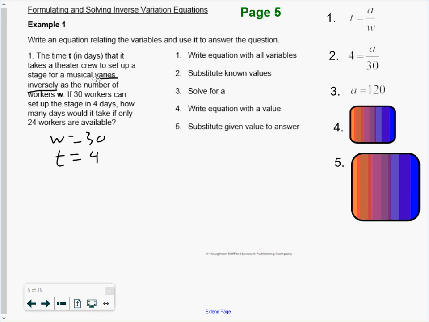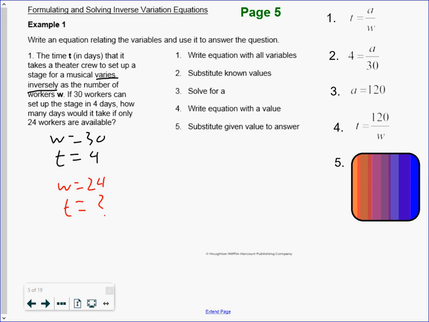So now it's asking me, if w is 24, what's t going to equal? And now that I have my a value, I can plug that back into my equation. And I know for this problem, my equation is always t equals 120 over w.